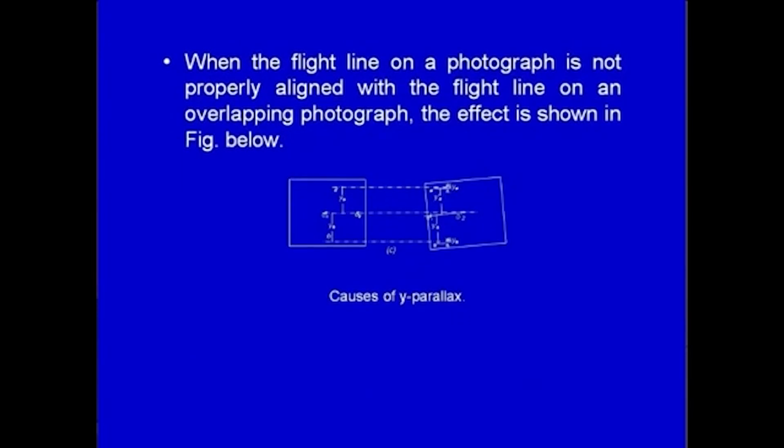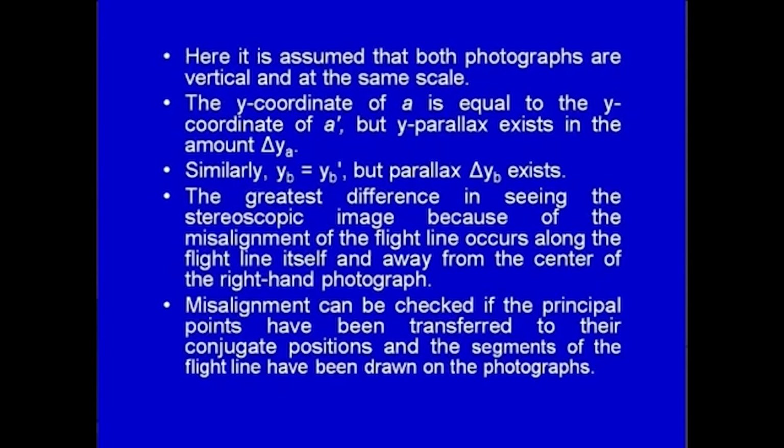When the flight line on a photograph is not properly aligned with the flight line on the overlapping photographs, the effect can be seen in the figure below. Here, it is assumed that both photographs are vertical and at the same scale.